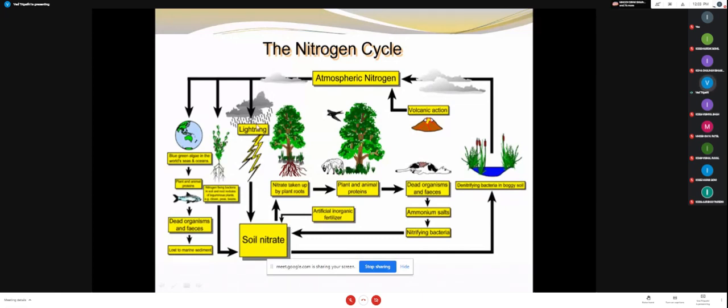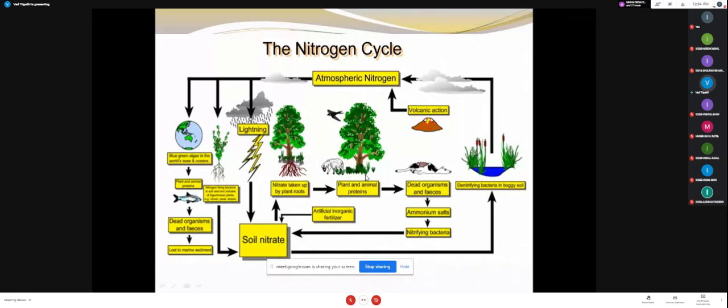And during lightning also there is formation of these nitrates. So along with the water, these nitrates fall upon the soil and they increase the soil nitrate, and this is absorbed by the plants. Okay.